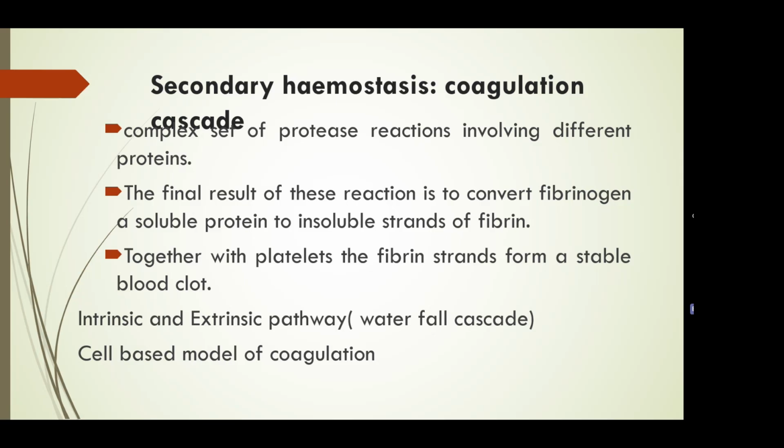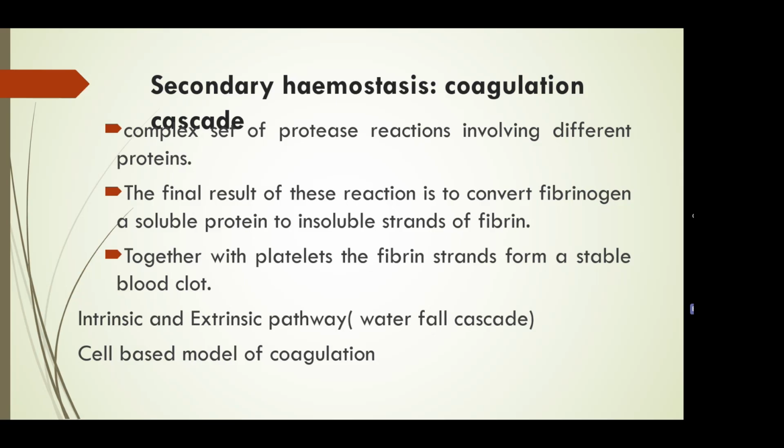The final result of this reaction is to convert fibrinogen, which was used as a linking molecule in the primary hemostasis, to insoluble strands of fibrin. Together with platelets, the fibrins form a stable blood clot.